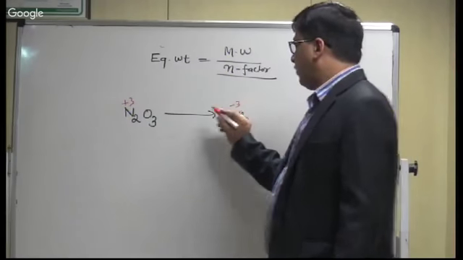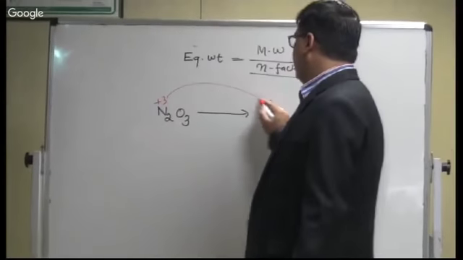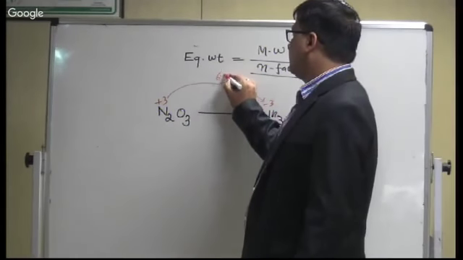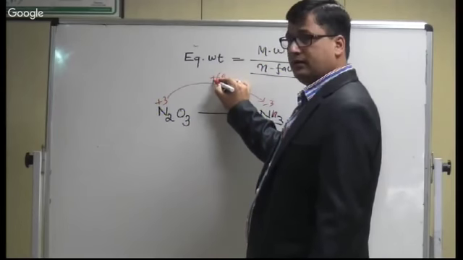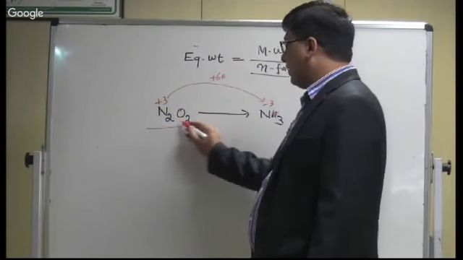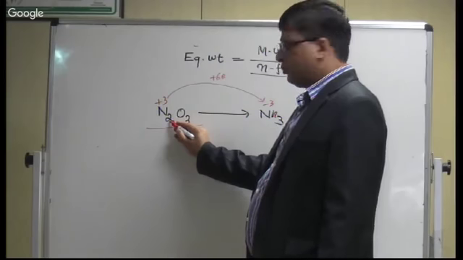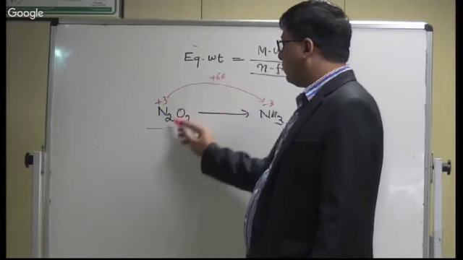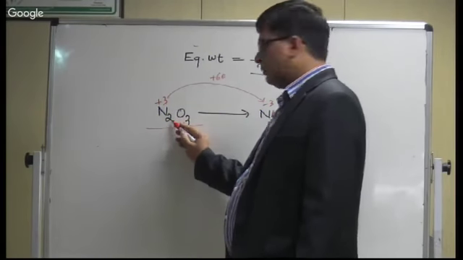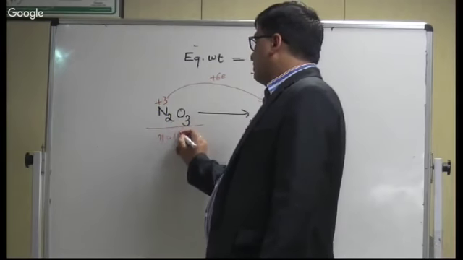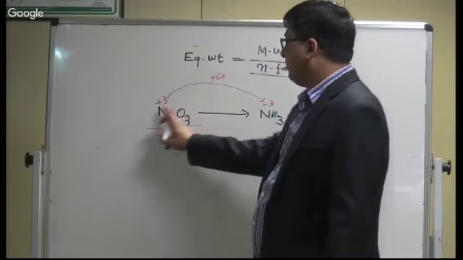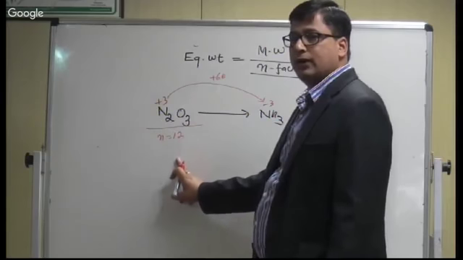Minus 3. From plus 3 to minus 3, how many electrons does it gain? 6. 6 electrons gain. This molecule consists of how many nitrogen? 2. So 1 nitrogen gains 6 electrons, 2 will gain 12. So n factor is 12, so the equivalent weight can be written as M by 12.